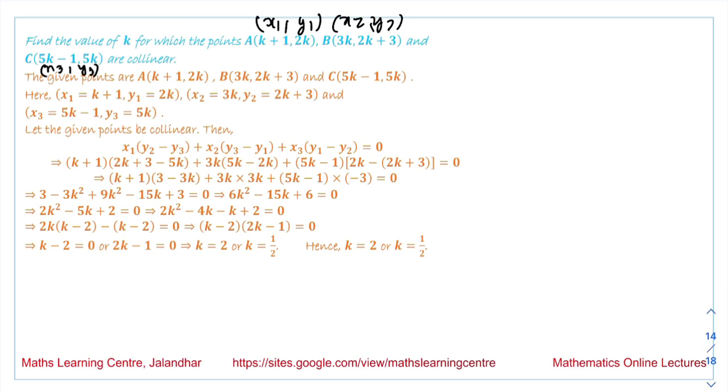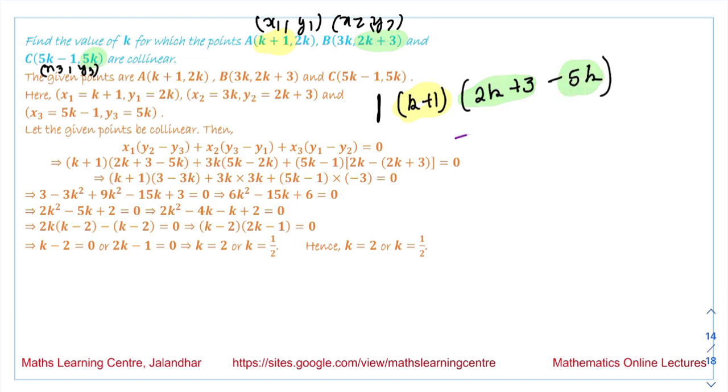The area of the triangle is the mod of x1 times the value we have, which is (k plus 1) into (2k plus 3 minus 5k).